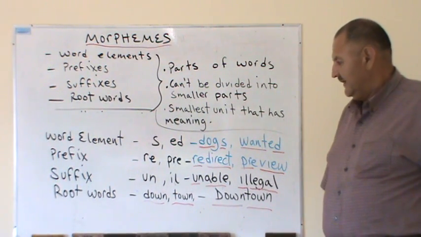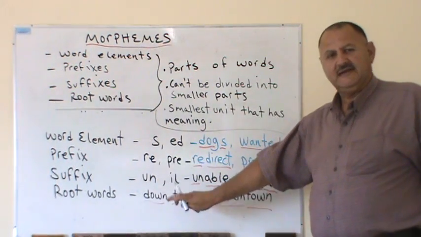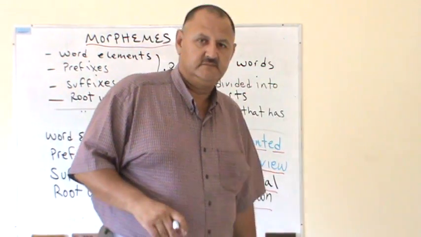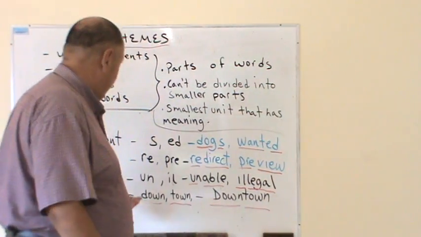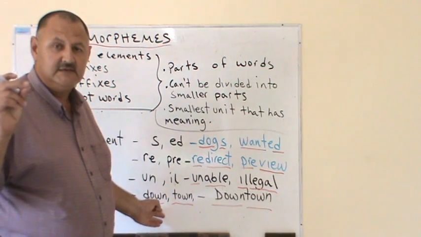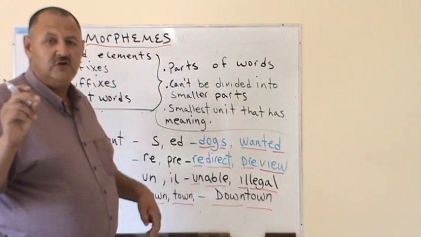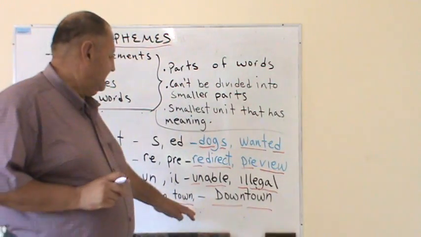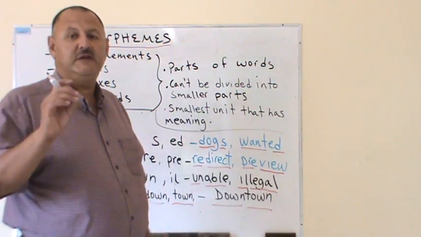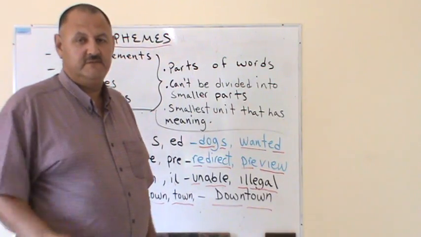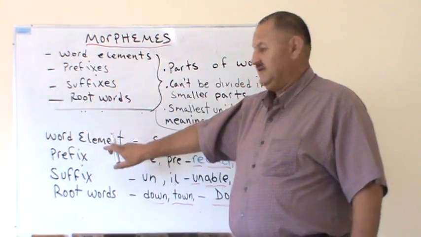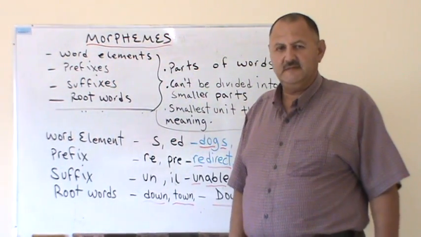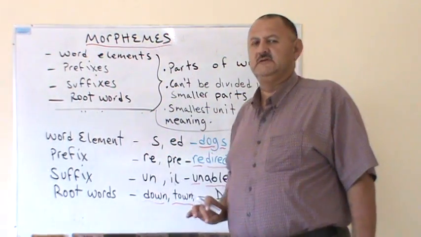Now, root words can stand as words by themselves. So, down, you can put it in a sentence as a word by itself. You don't need to divide it into parts. Town can be used as a word by itself. Suffixes, prefixes, and word elements cannot stand by themselves. They cannot be used by themselves.